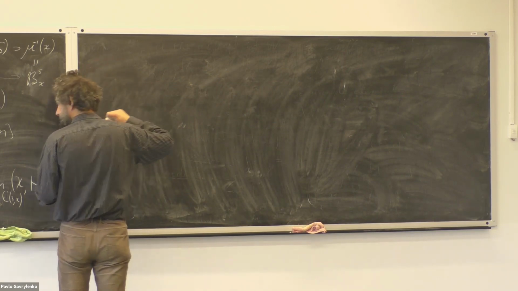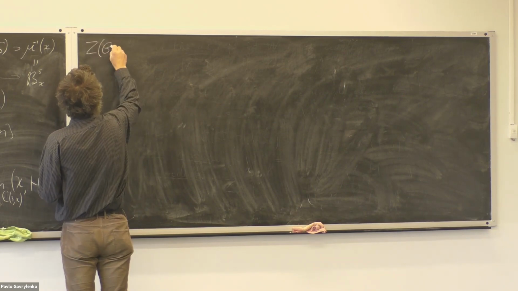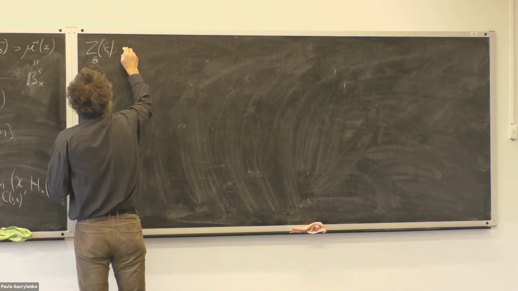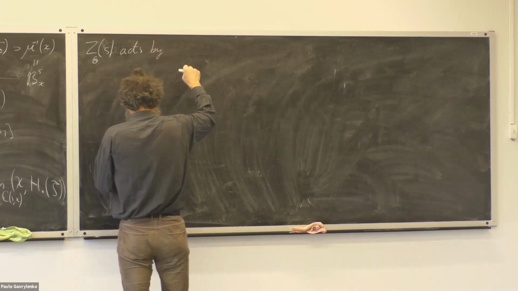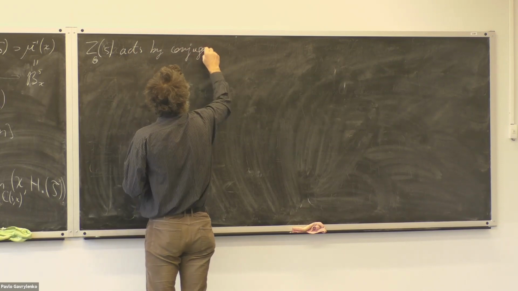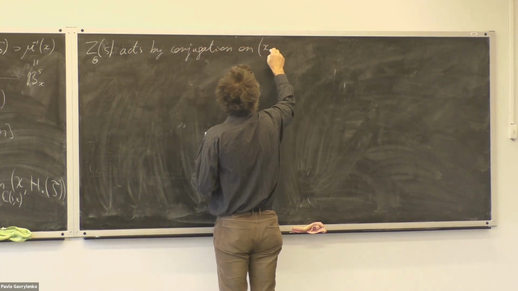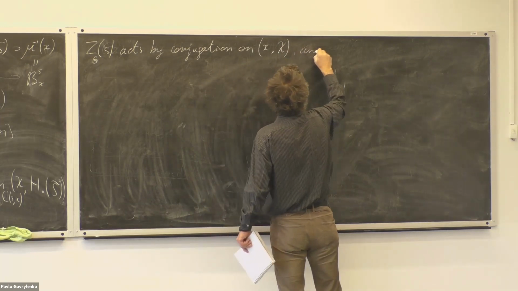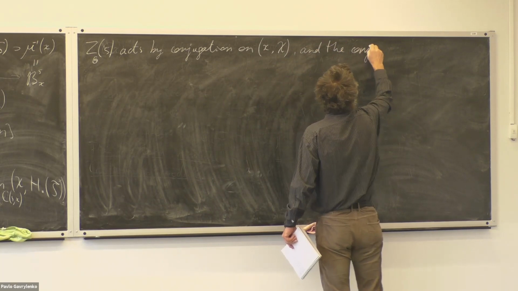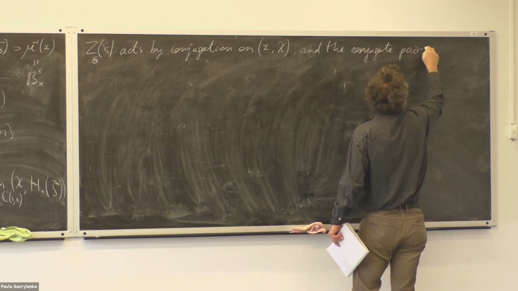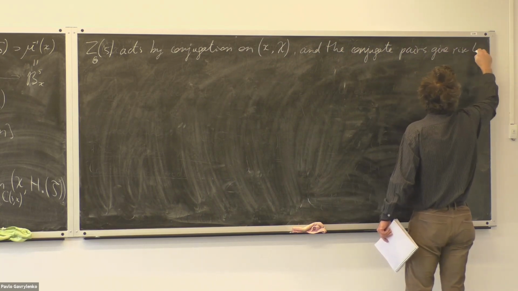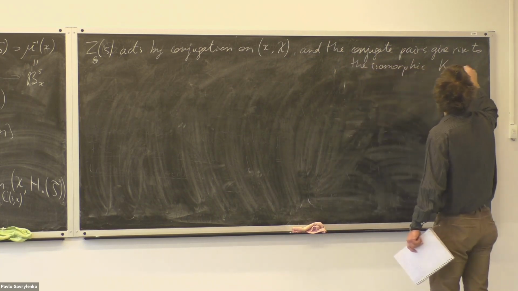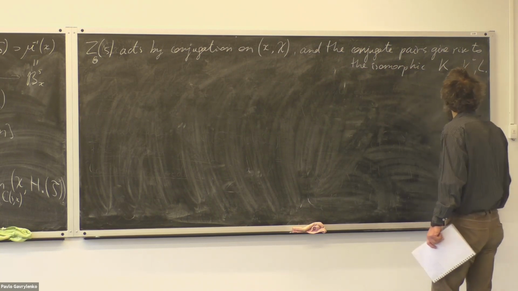Okay, so just before I formulated one last word, that the centralizer of S and x, or just s, x by conjugation on the pairs of nilpotents and the relevant representations, and the conjugate pairs give rise to the isomorphic K standard modules, co-standard modules, and the images.